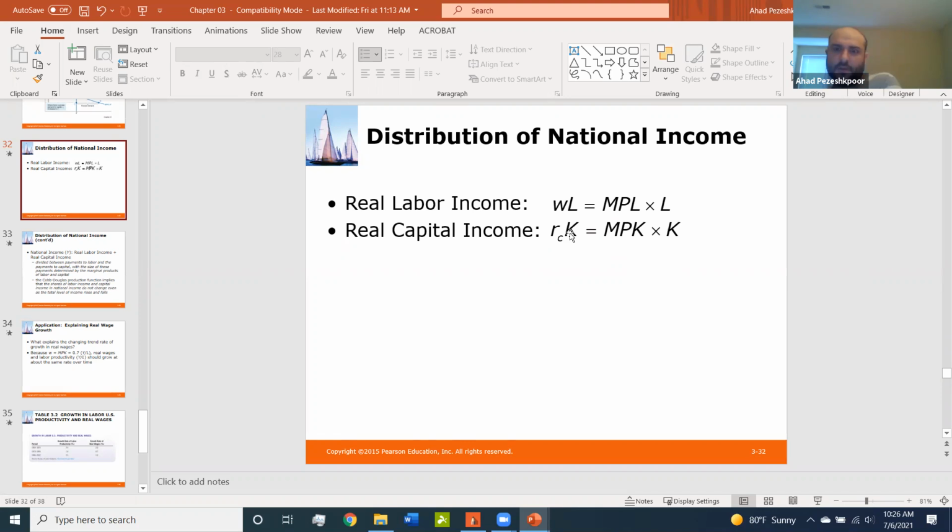The Ferrari. If your capital is better, the return you get on your capital will be better.